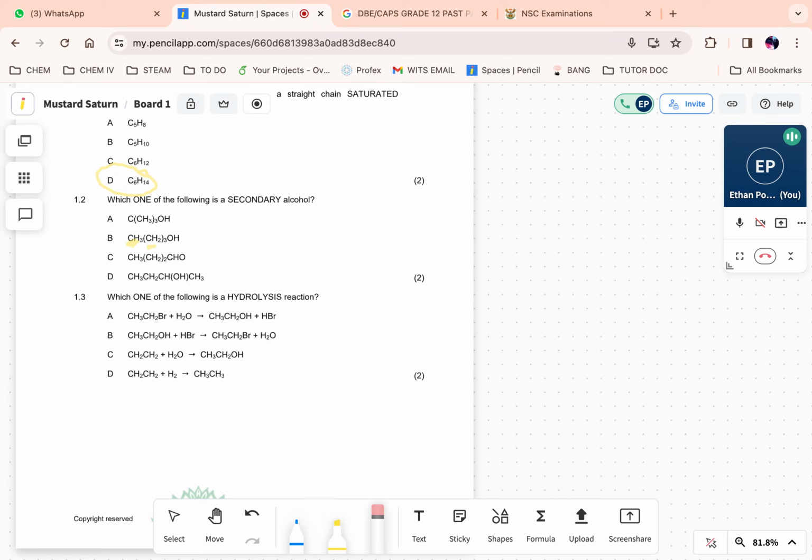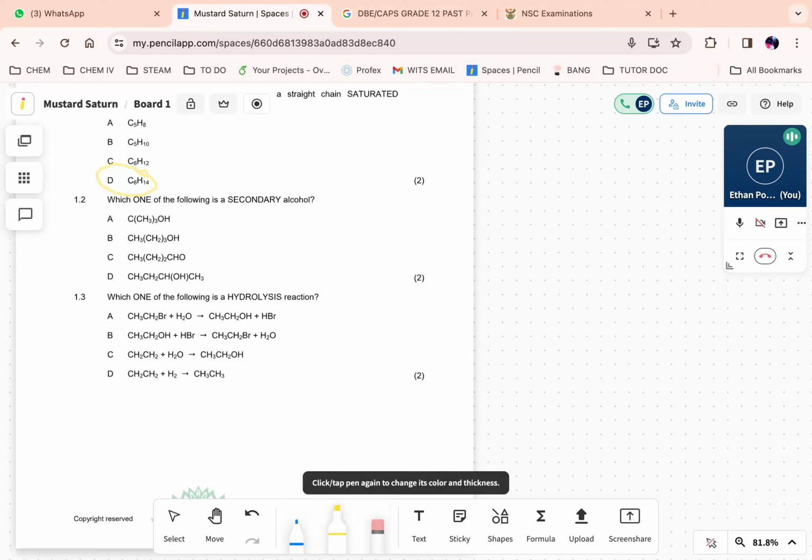So, yeah, our OH group is bonded to the last CH2 group in these brackets, which is then bonded in a chain to the other CH2 groups, and then finally the CH3 group. So, yeah, that's primary and not secondary.